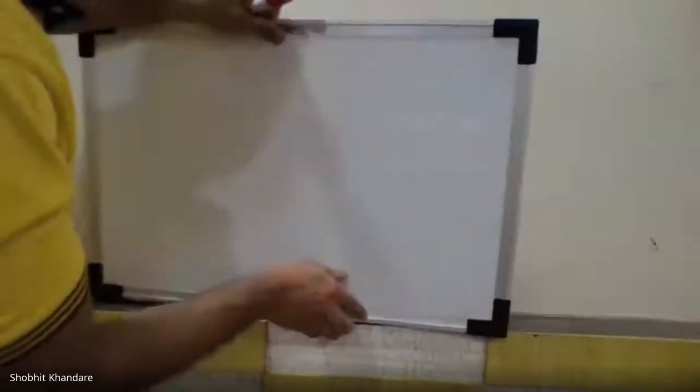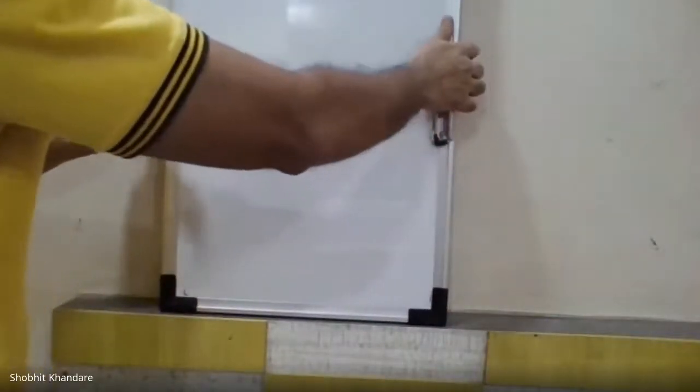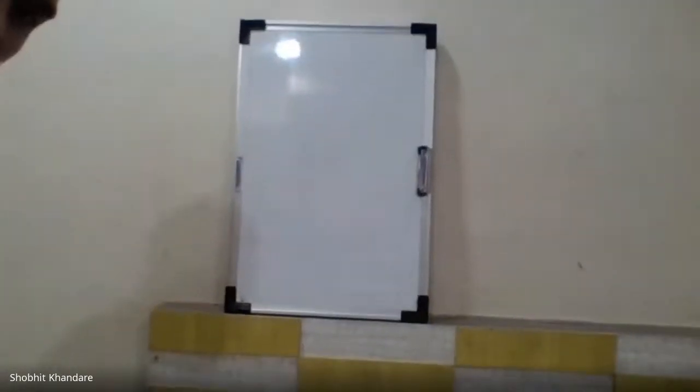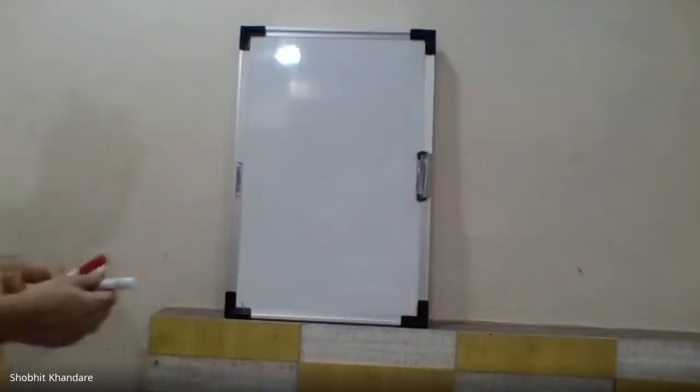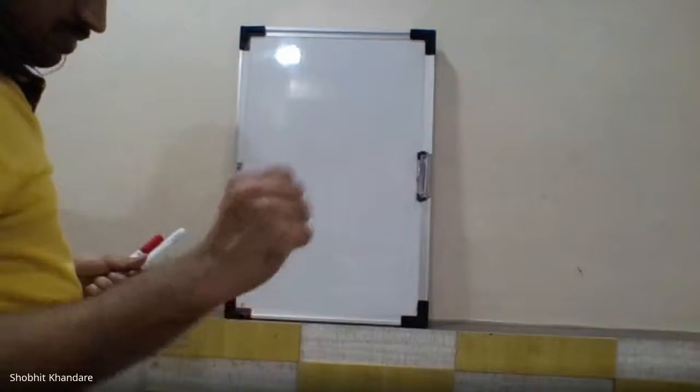I will keep this. बोर्ड दिख रहा है मेरा अभी पूरा? Yes sir. Okay. Now all of you pay attention. Whatever I am saying now, please pay attention. Then afterwards you can write down.